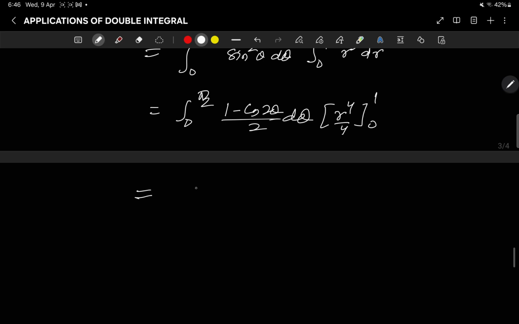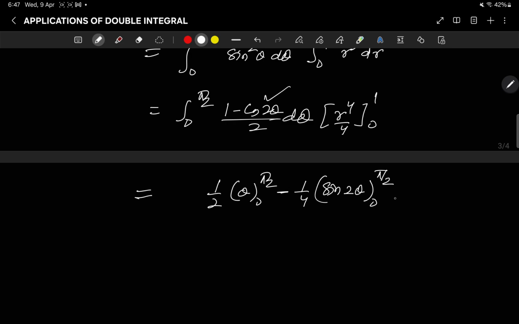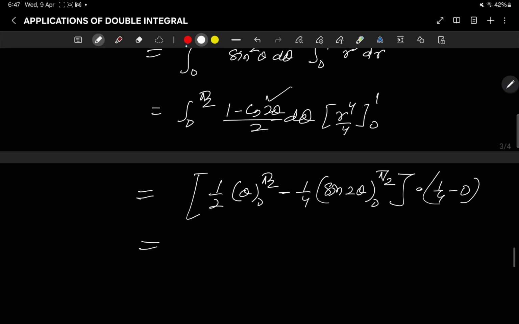Okay, so if you integrate it, it is half theta, 0 to pi by 2, minus 1 by 4, integration of cos 2 theta is sin 2 theta divided by 2, sin 2 theta, 0 to pi by 2, then into 1 by 4 minus 0. So this is pi by 2, sin pi, sin 0, this becomes 0. So this is equal to pi by 4 into 1 by 4. So this is pi by 16.